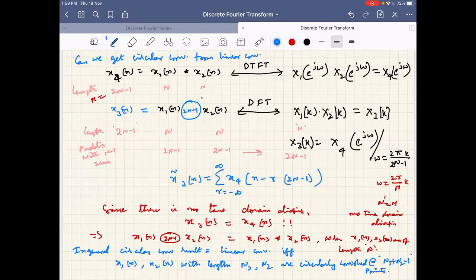Even if we convolve with more points, it is fine, but it is not necessary.